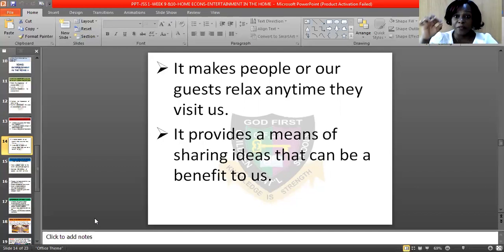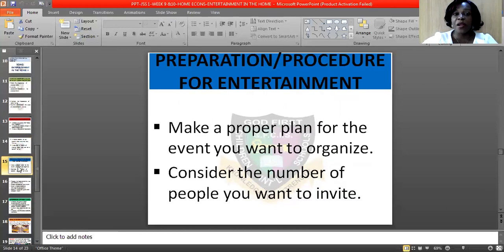Do you know that if somebody visits you and in the course of discussion, you get to learn something from that person, and that person will as well learn something from you? Yes, it happens. That is why they say two good heads are better than one. So it provides a means of sharing ideas that can be of benefit to us. Do you understand? So it's very, very important.